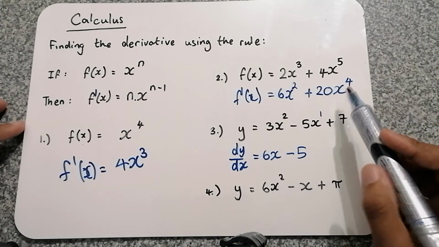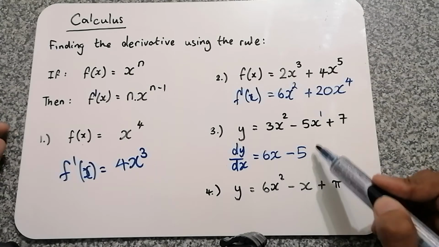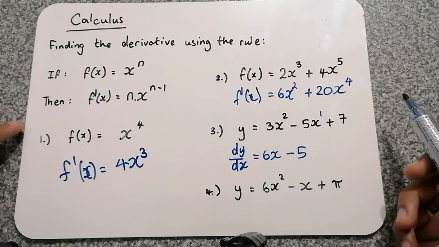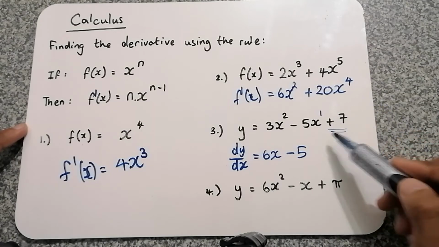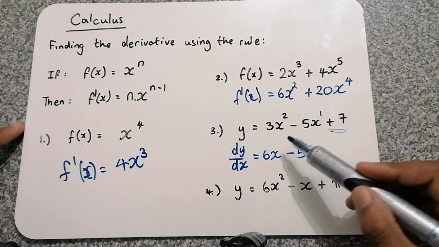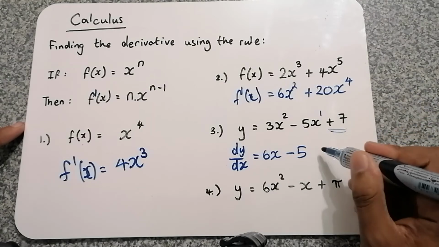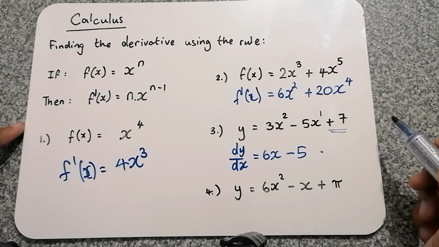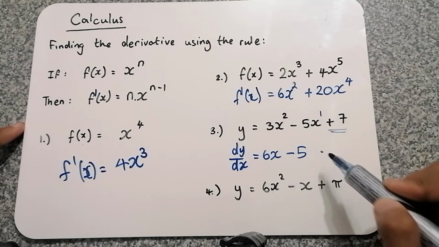Basically, I think about it like this. We have 1 x, and the moment you take away an x, then we don't have any x's left. Now this number, the 7, doesn't have any x's to begin with. So once you differentiate, this will just fall away. So any constant just becomes 0. So the derivative of a constant is just 0.